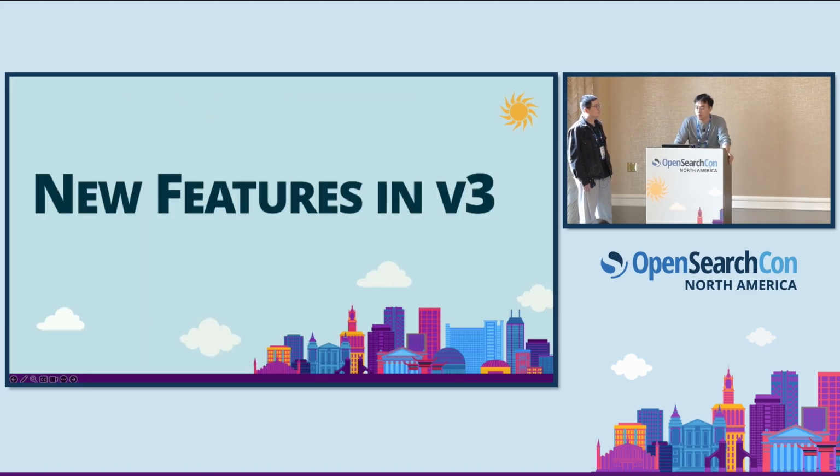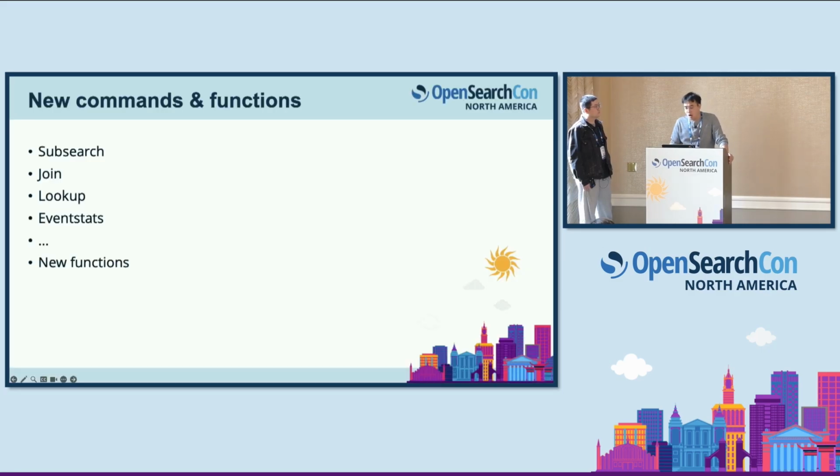Apart from those performance optimizations, we also built lots of new features on our V3 engine. After we've migrated all existing commands and functions from V2 to V3, we also implemented many new useful commands like subsearch, join, lookup, eventstats, and lots of new functions.